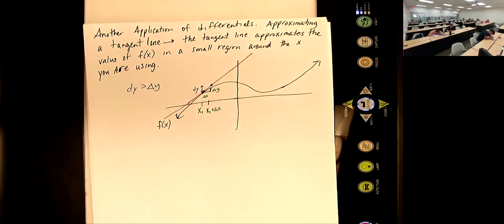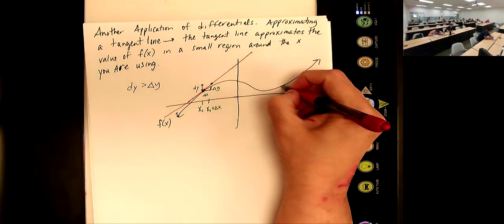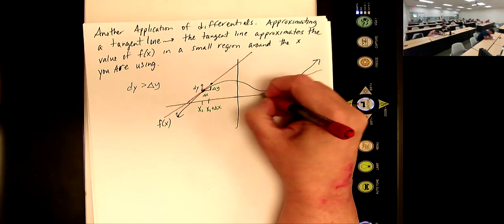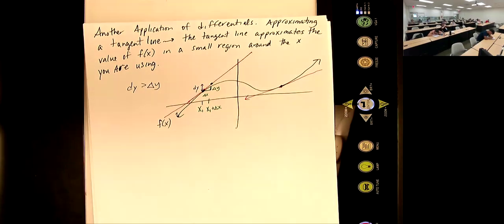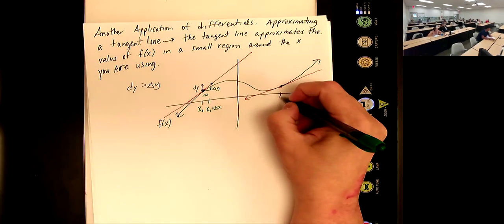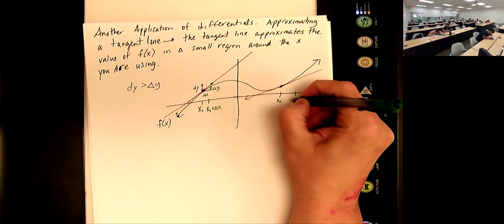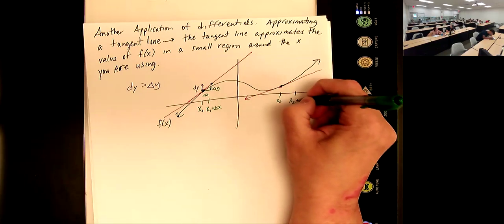But I can do the same thing over here with a different point. Make another tangent line. We'll call this x2. And go over, I'm gonna make the difference delta x a little bit bigger, just to make it easier to see.